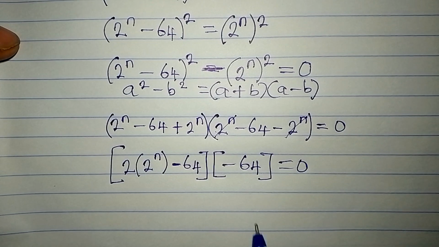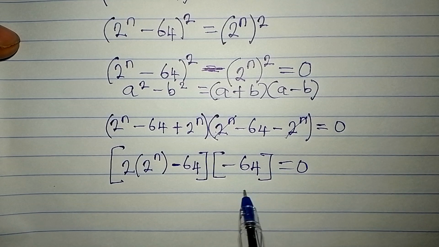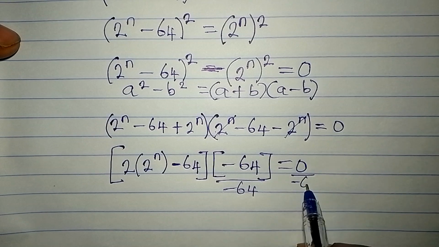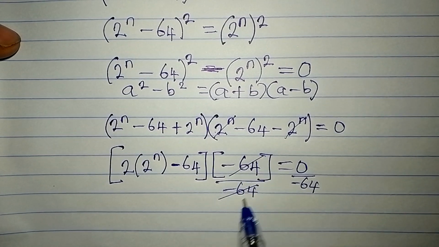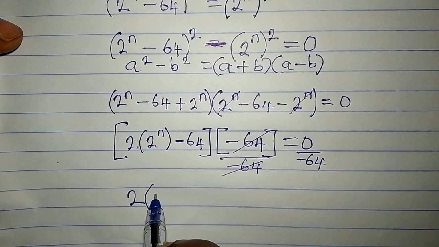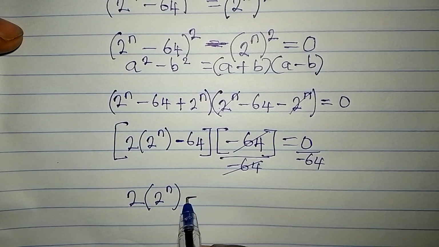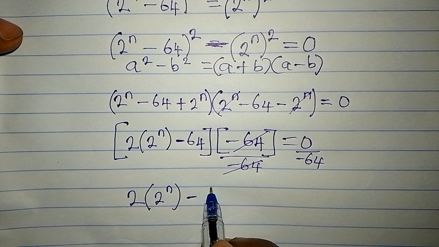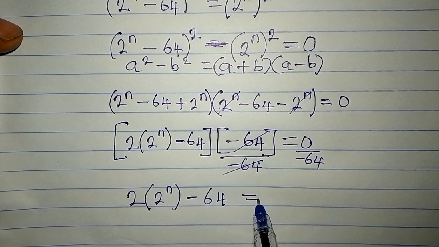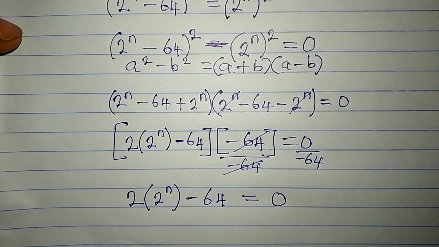Now, by looking at this, instead of opening the bracket by multiplying the whole of this, why don't we divide this by negative 64? So that we divide this by negative 64, and this is going to cancel this. And then we'll have 2 multiplied by 2^n, close this, minus 64, and everything is now equal to 0, because 0 divided by negative 64 is 0.